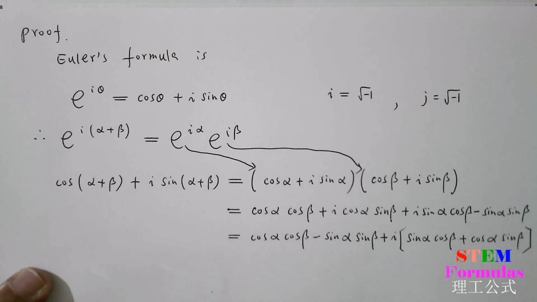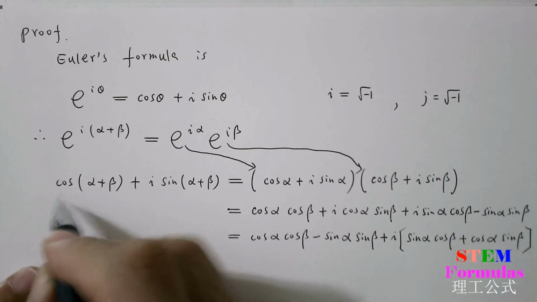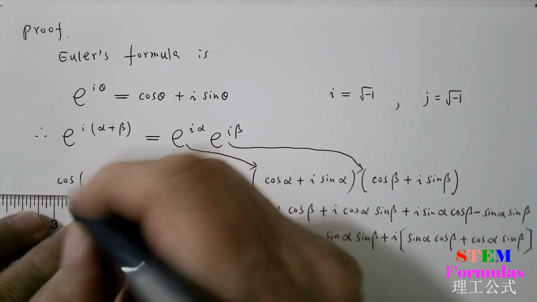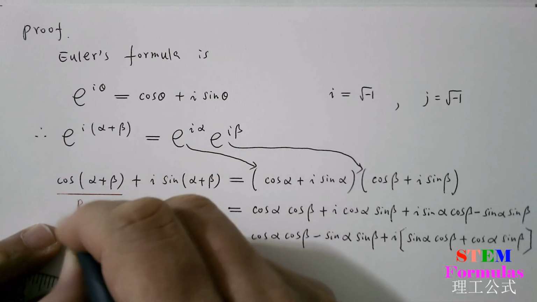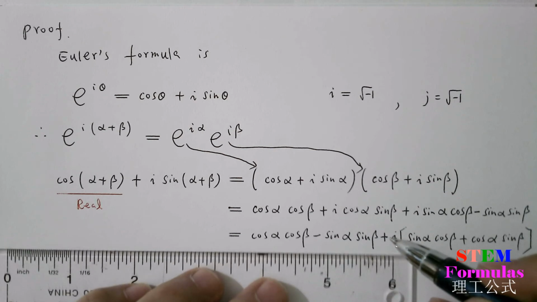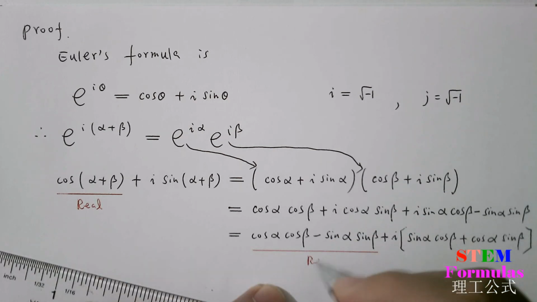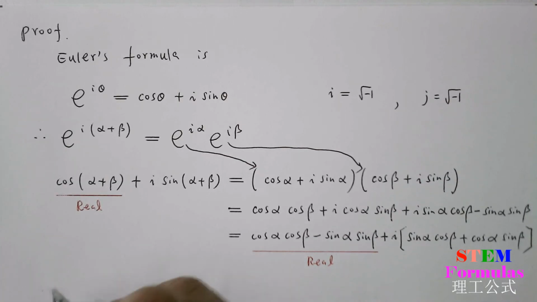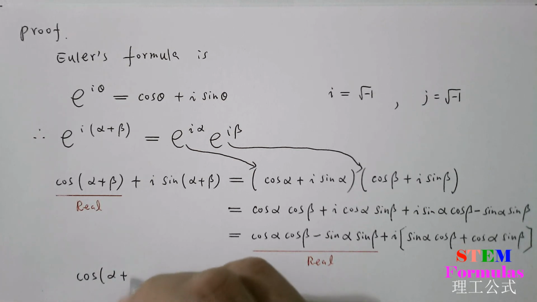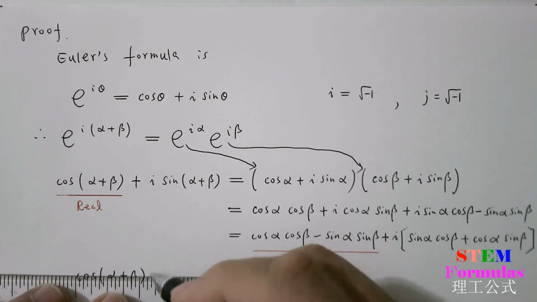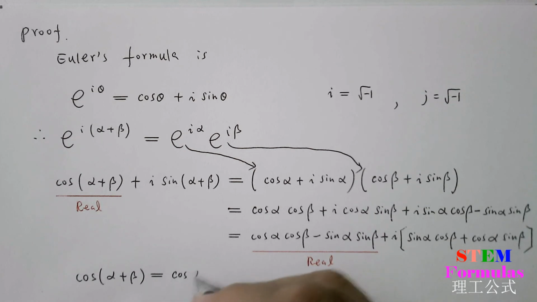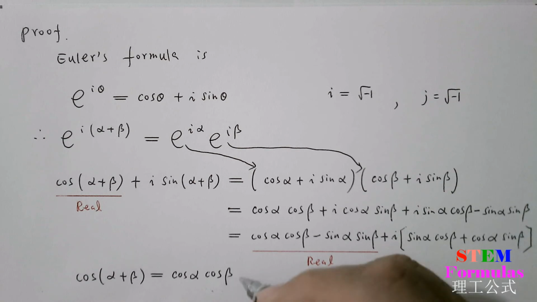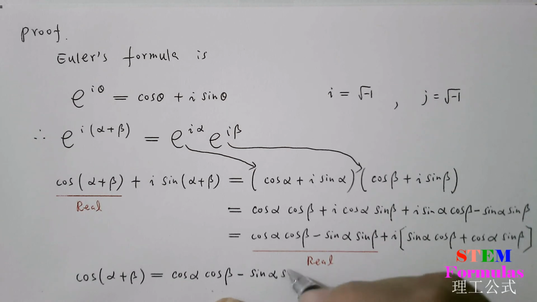Therefore, I compare this. On the left side, I have a real part, and here is also a real part. And here is an imaginary part and an imaginary part. Therefore, I conclude that cosine (alpha plus beta) equal to cosine alpha cosine beta minus sine alpha sine beta.